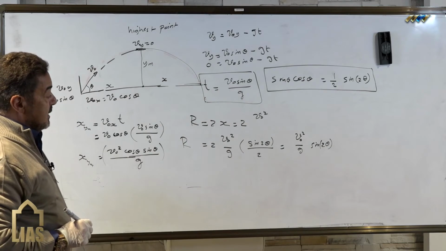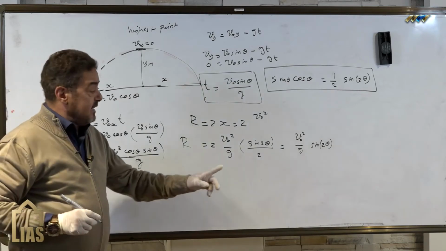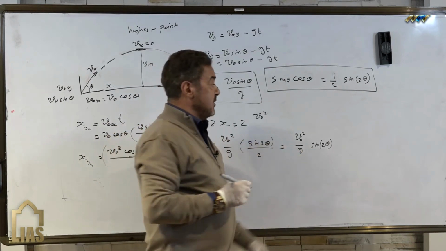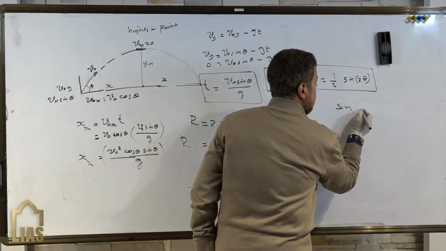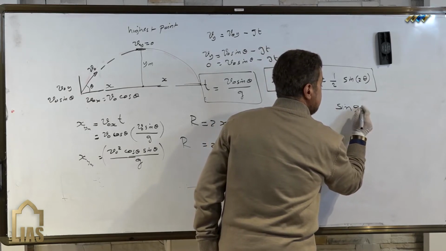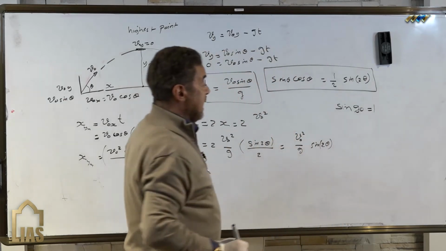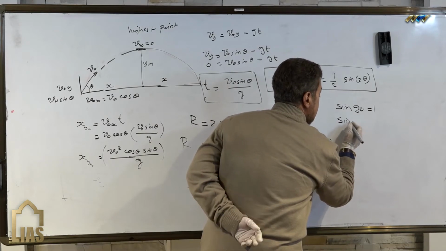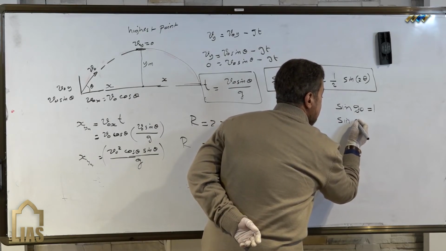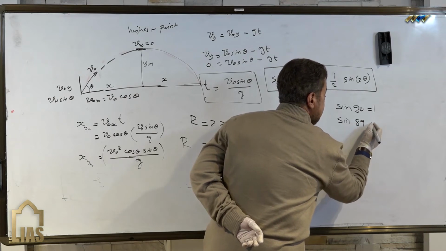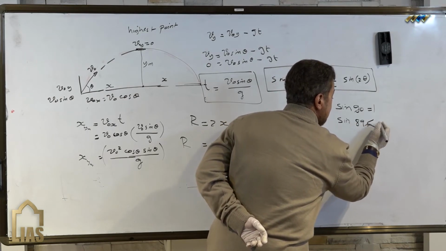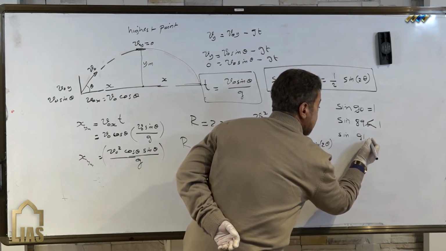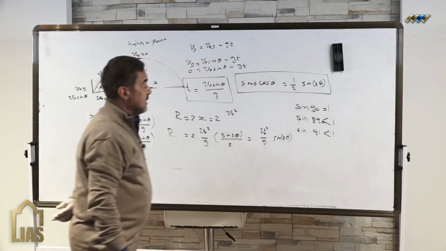We'll see here sine 2 theta. The maximum of sine 90 degrees is 1, and this is the maximum. Sine 89 is less than 1, and sine 91 is less than 1.